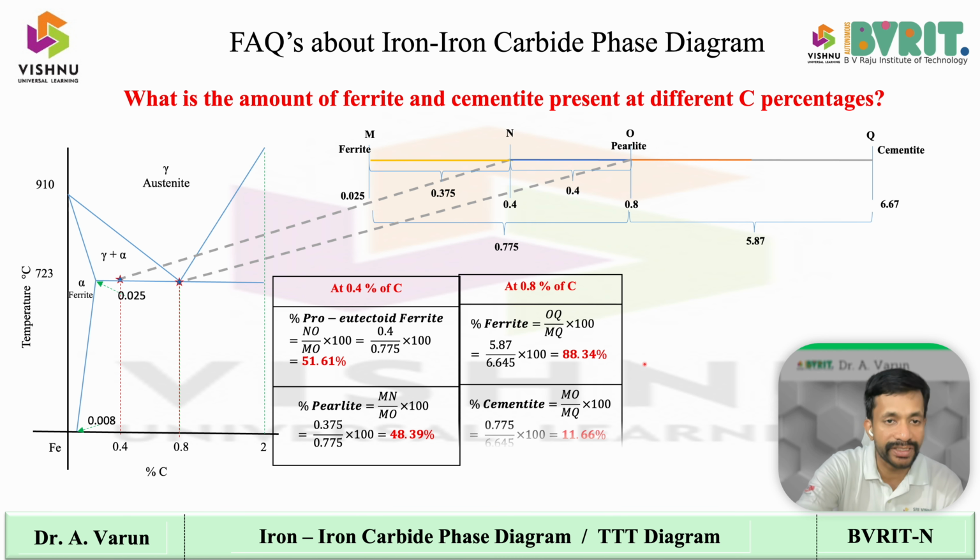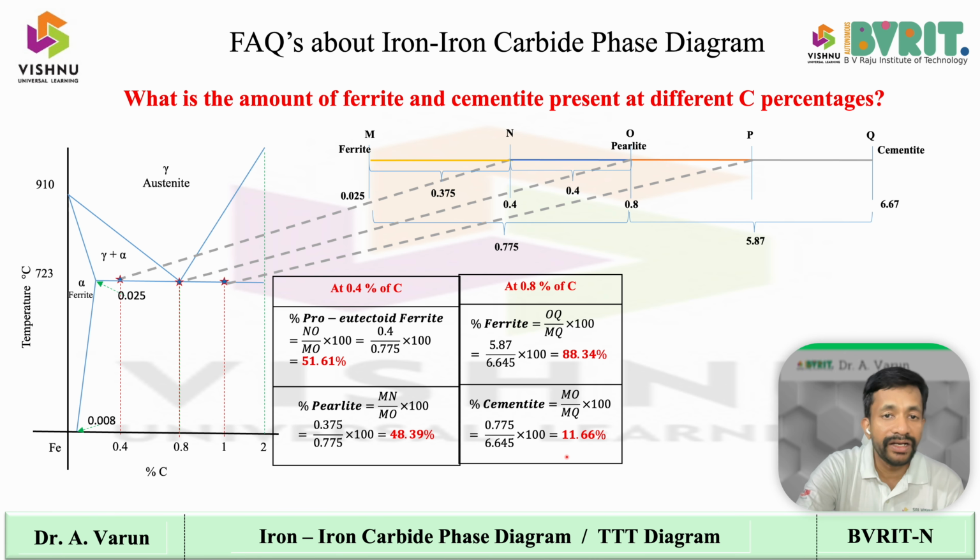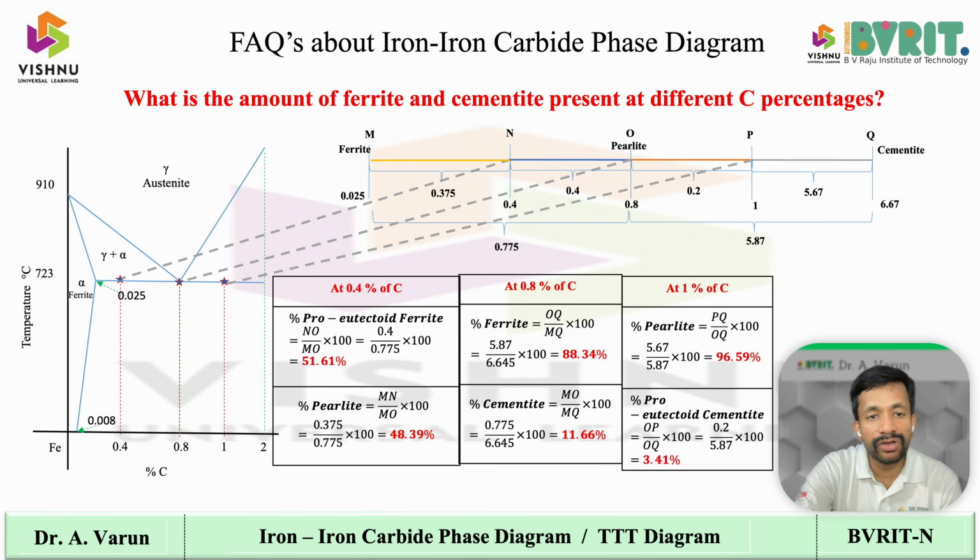Cementite is at 6.67. So if you calculate, you have ferrite percentage as 88.34, cementite is 11.66. Then you can take one at 2% of carbon, and for that you have one side perlite and the other side is cementite. So perlite percentage is 96.59 and protectoid cementite is 3.41.